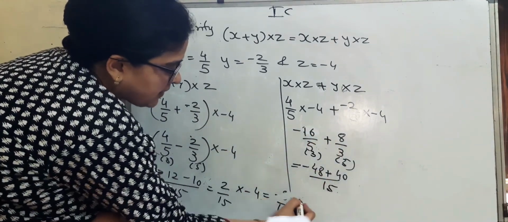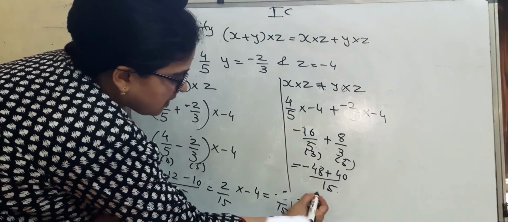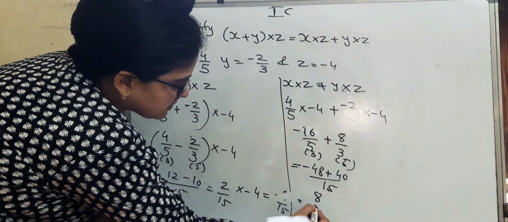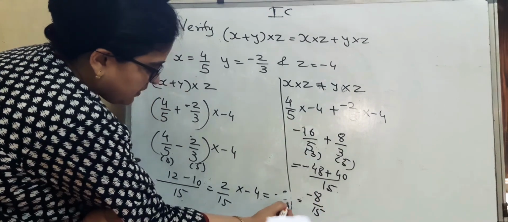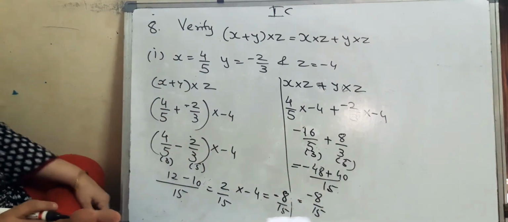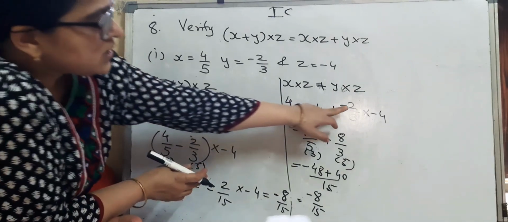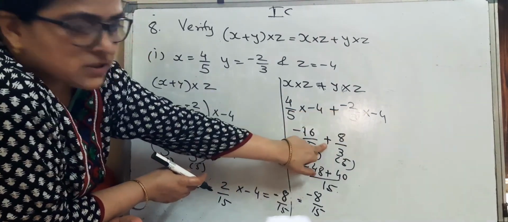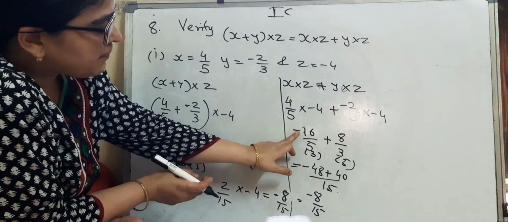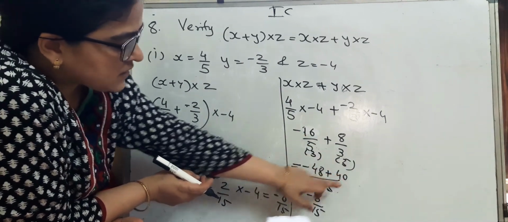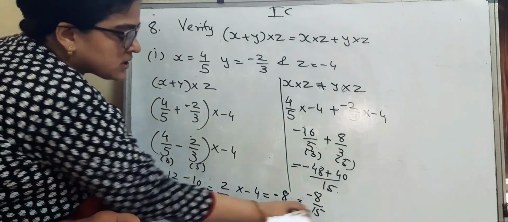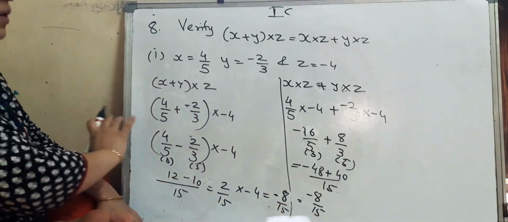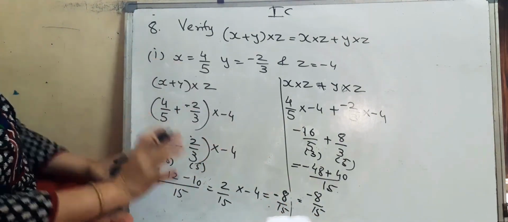Then the answer is 8 upon 15 minus 8 upon 15. Yes, this minus minus plus, and here the plus sign will come, right? And minus plus minus 48, minus 48 minus 8 upon 15. So these both answers are verified. So LHS is equal to RHS, right? Second.